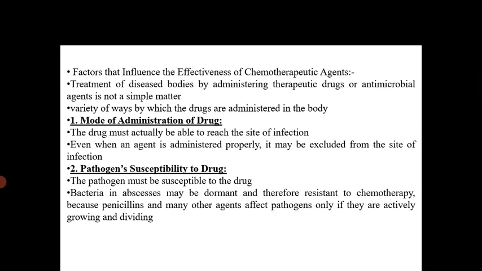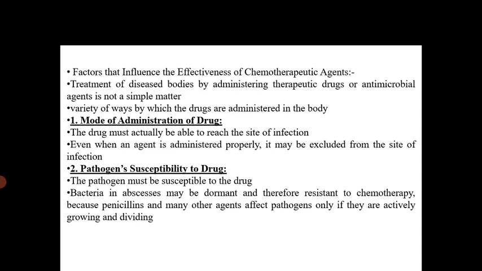And also we know that the drugs do not always spread that rapidly throughout the body or immediately kill all the invading pathogens. Okay, so during all these practices, a complex array of factors was seen. What was that? The main factor, mode of administration of drug, and second one was pathogen susceptibility to drug.